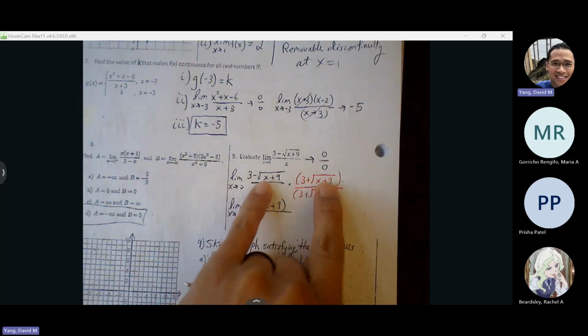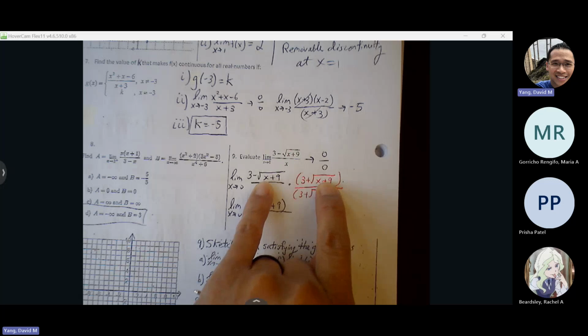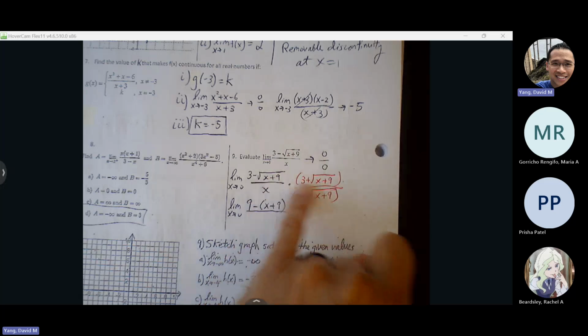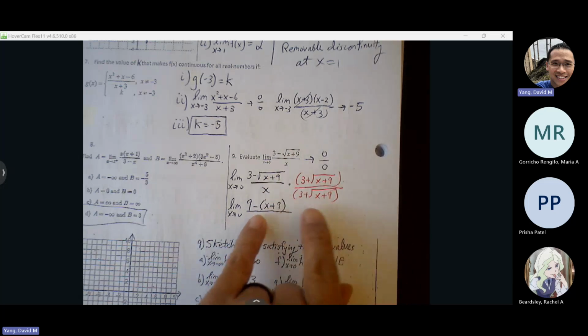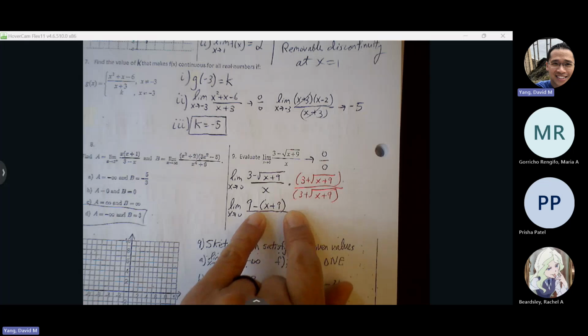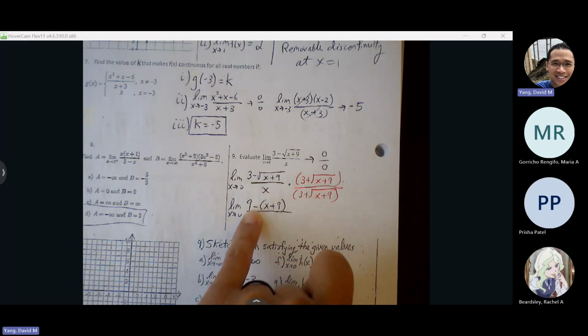Three times 3 is 9. Square root times square root becomes just the x plus 9. The square root goes away, but we do need to replace that radical with a set of parentheses because there's that minus sign that needs to distribute.